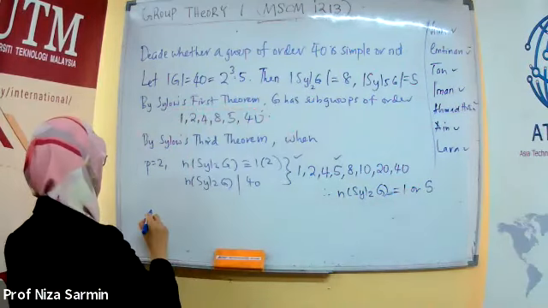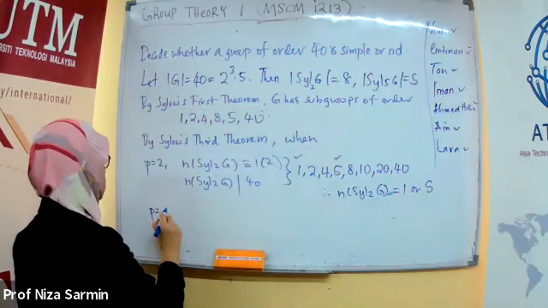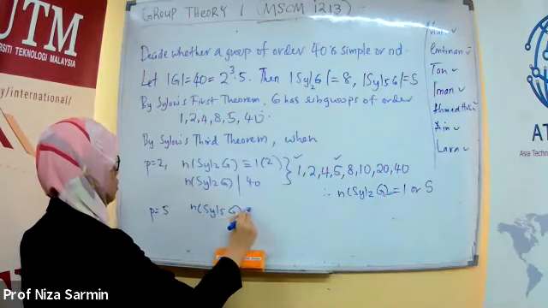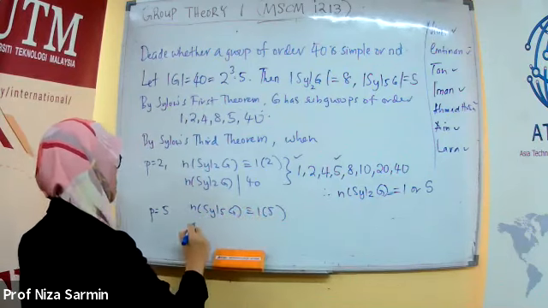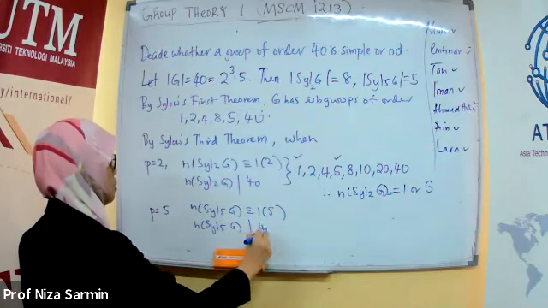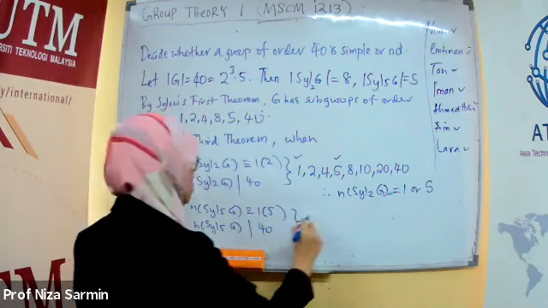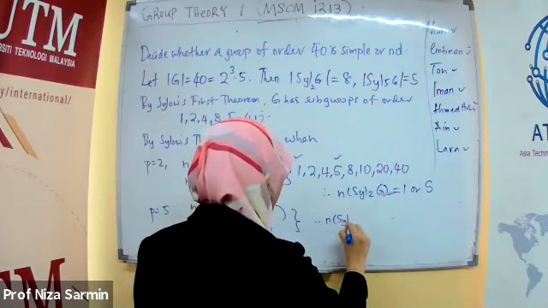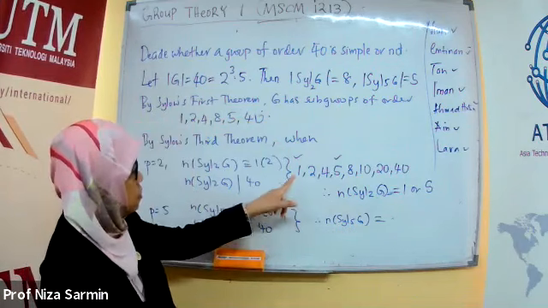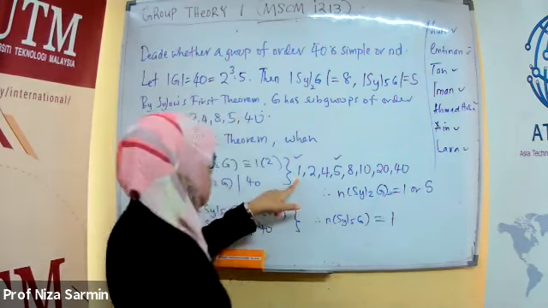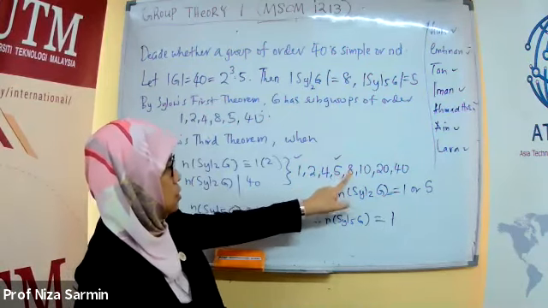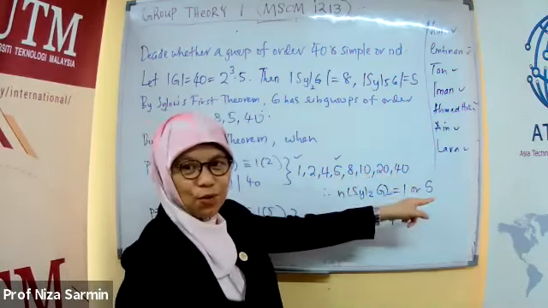Okay, now when p is 5, the number of Sylow 5 subgroups of G is 1 mod 5 and divides 40. So which one of these is 1 mod 5? 1, 2 mod 5 is 2, 4, 0, 3, 0, 0, 0.